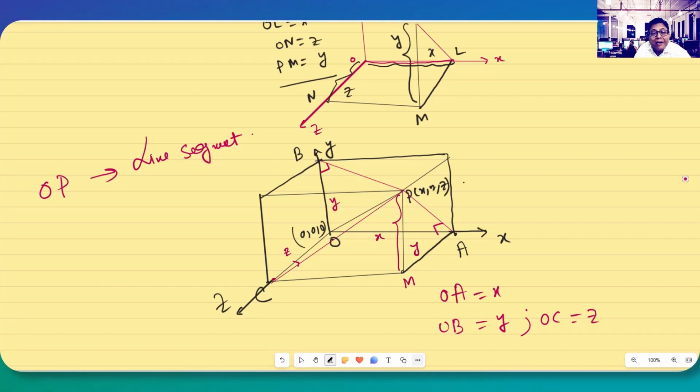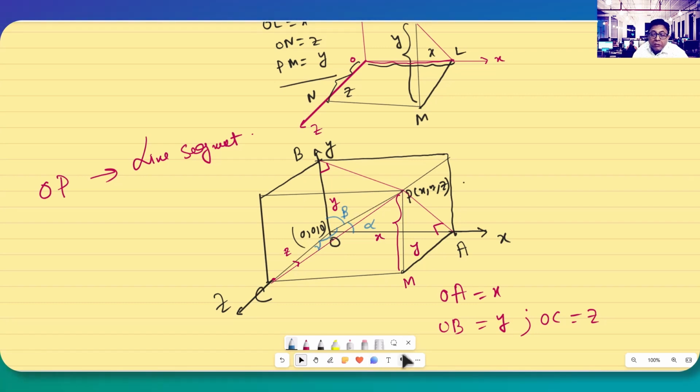Now, in this diagram, you can just go through this part where this line segment is making some angles with z-axis, some with x-axis, and some angle with the y-axis. I'll be taking these angles as alpha, beta, and this one is gamma. Okay?